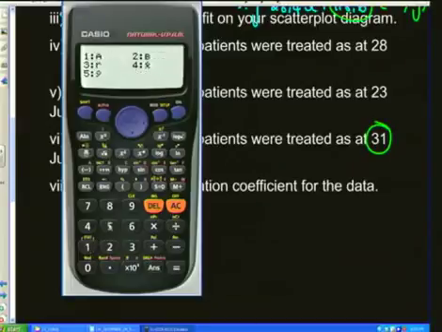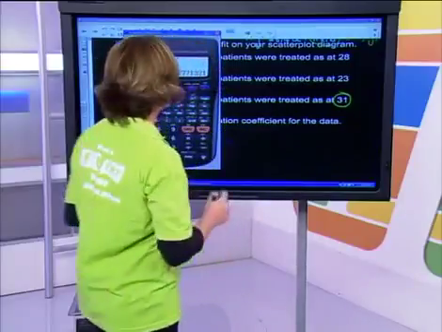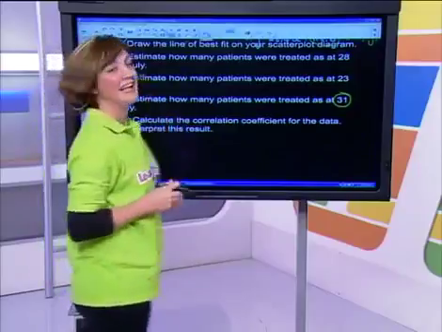We just press 5, but this time the button we're looking for is 3. It's an even stronger correlation than the one we had in the previous example. If I've got 0.9882, we can state that we have a very strong positive correlation between the weather and people getting flu. Hopefully with spring on its way, that's going to come to an end.